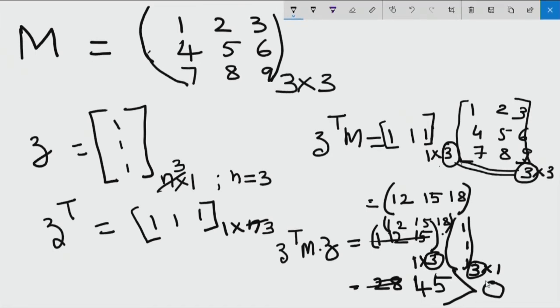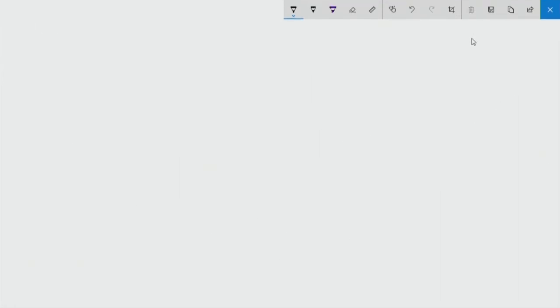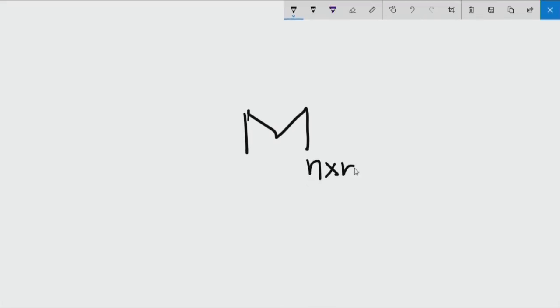Therefore, in general, suppose M is any n by n matrix and Z is any column matrix.